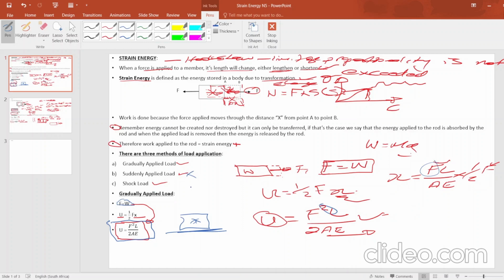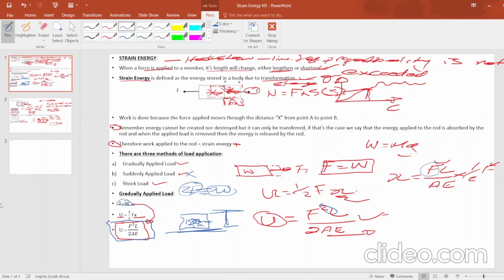Meaning here you have F equals 2W, or 2F equals W. Meaning you need to apply twice the force in picking up a box that you don't even know how much it weighs. If the box weighs 10 kg or 5 kg, you need to apply twice the force to pick it up from the ground to the height of your waist. That's what we will be looking at under the suddenly applied load.